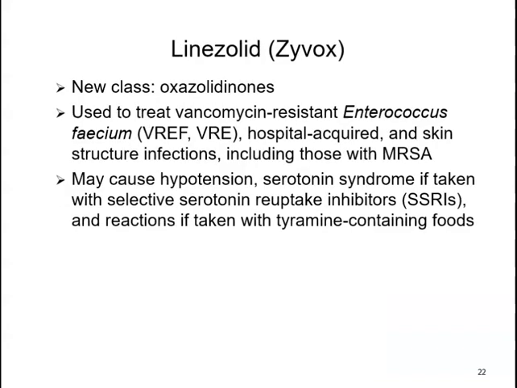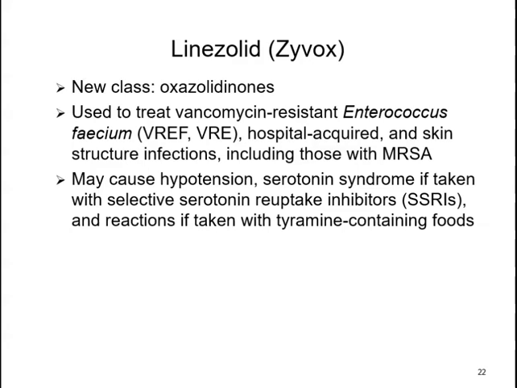Linezolid belongs to a class called oxazolidinones. This medication started to be really discovered and looked at in the 1970s, but it wasn't until the 90s that it really took some hold on us. Basically, it's been approved by the FDA for treatment of hospital-acquired pneumonia from staph, including MRSA.